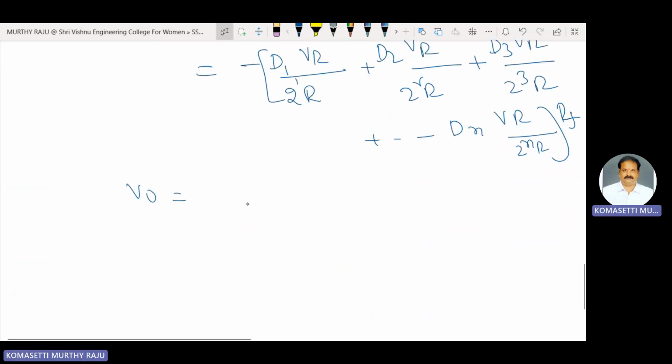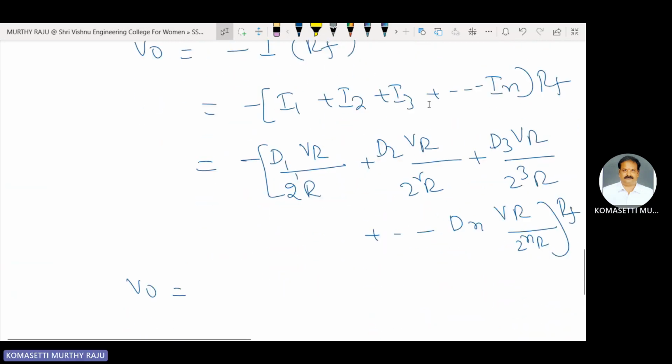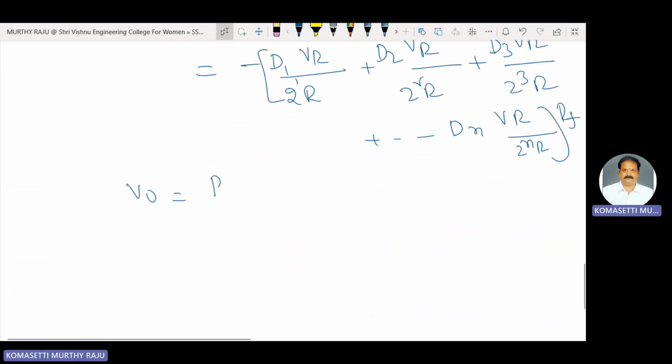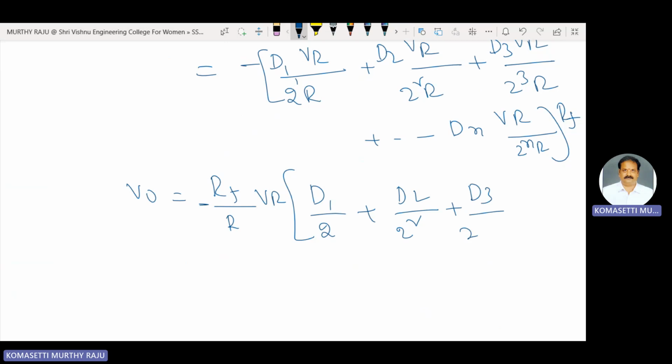Therefore, V0 is equal to RF is there, 1 by R term is there, minus RF by R. VR is a common term, that is equal to D1 by 2 plus D2 by 2 square, plus D3 by 2 cube, and so on and so forth, Dn by 2 power n.